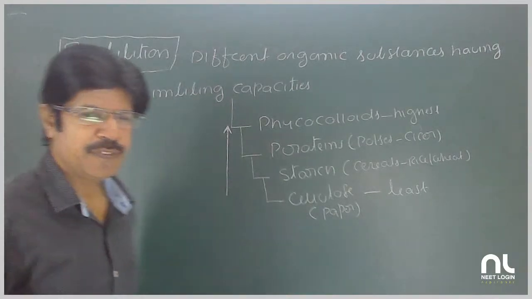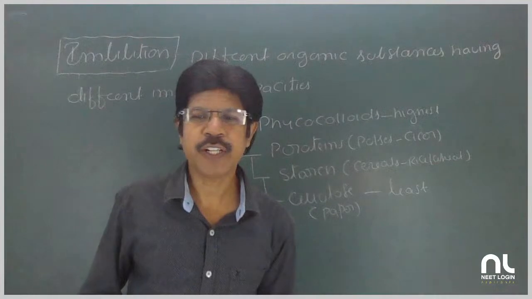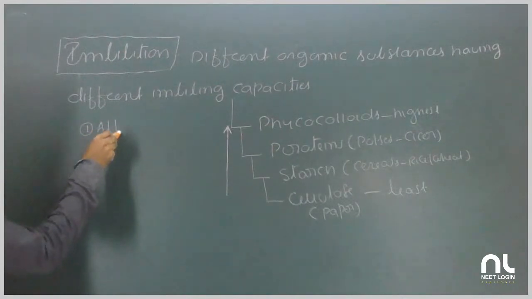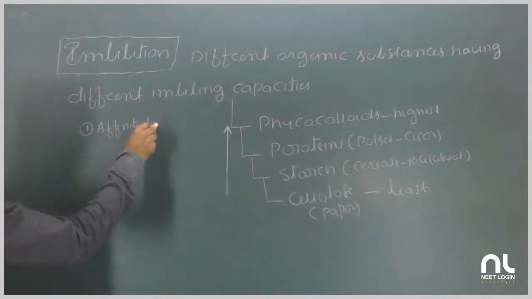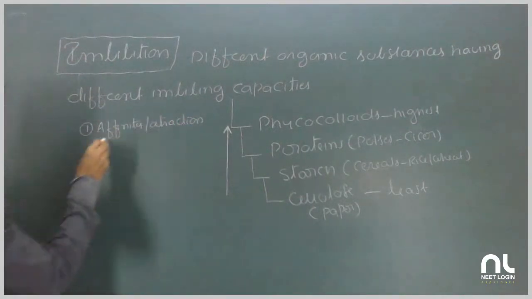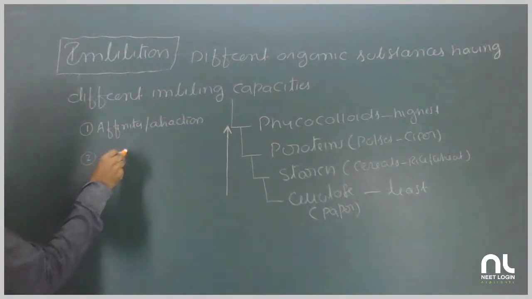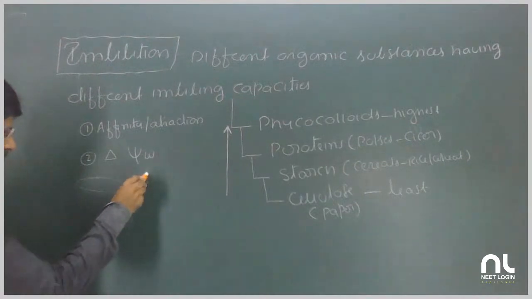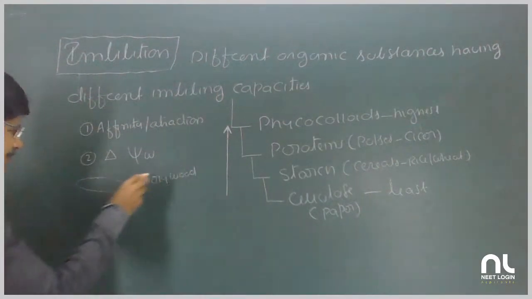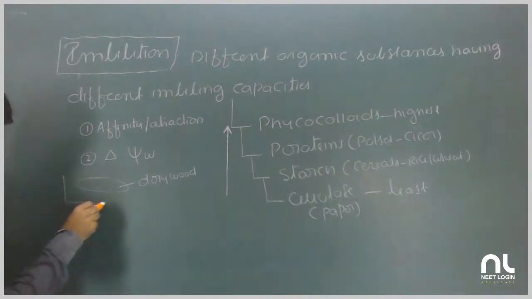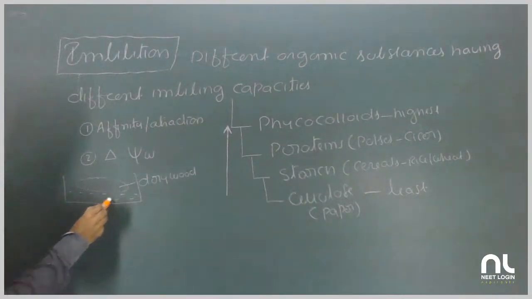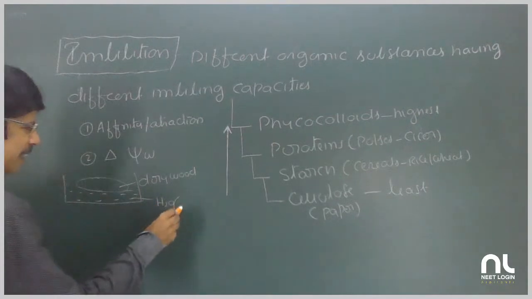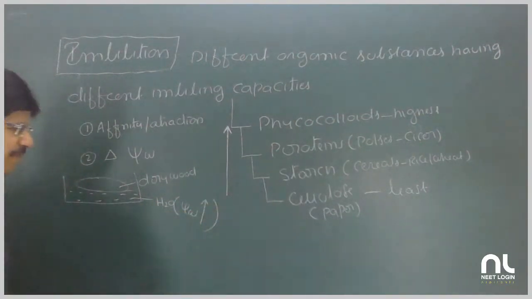So earlier you said there must be affinity or attraction between imbibant and water to be absorbed. And next, a difference of water potential gradient. Suppose you take dry wood and water. Water has high water potential.